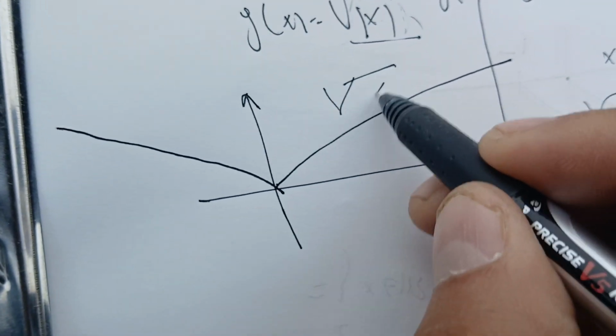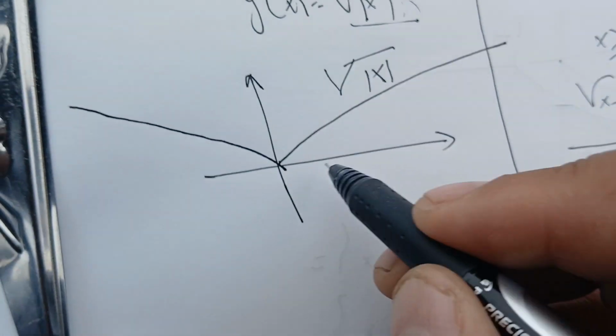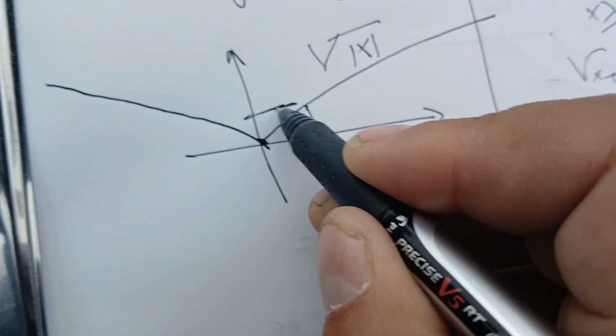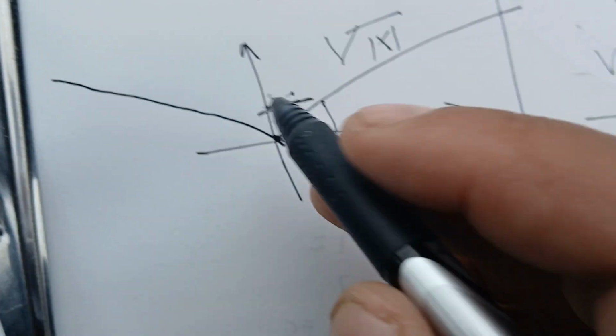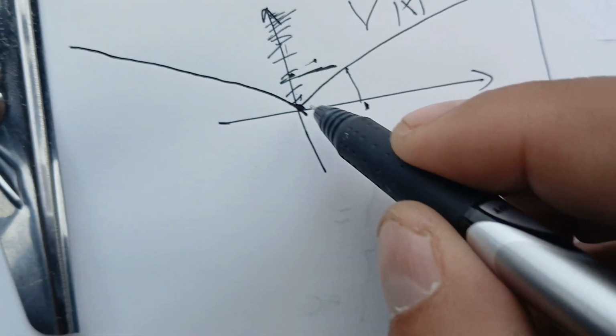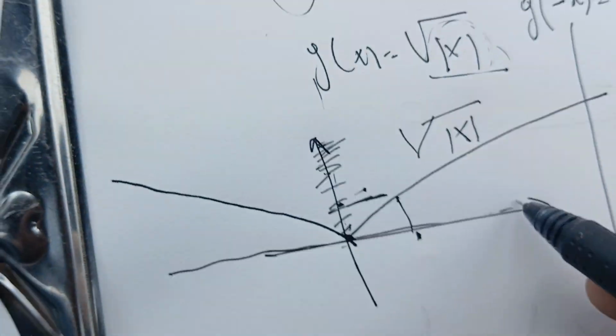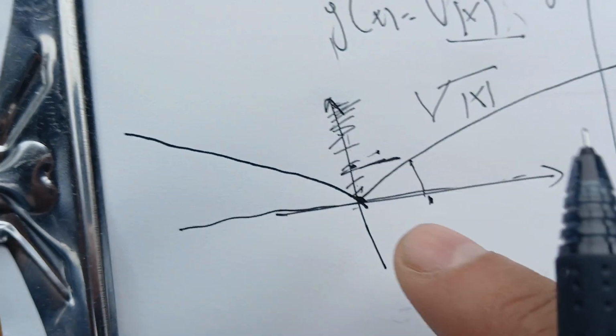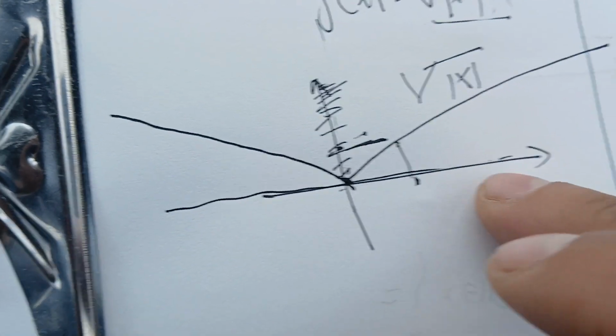So this is the square root of the absolute value of x. This is 1, and the domain is this whole line. The range is 0 to plus infinity. So we can deduce the absolute value graph from just the graph of the square root only.